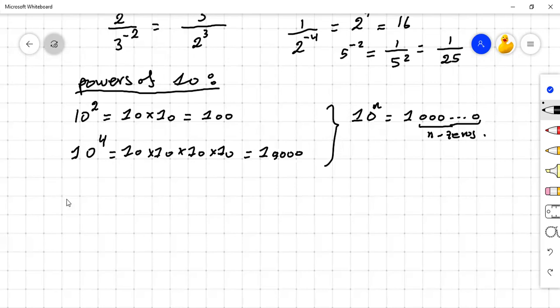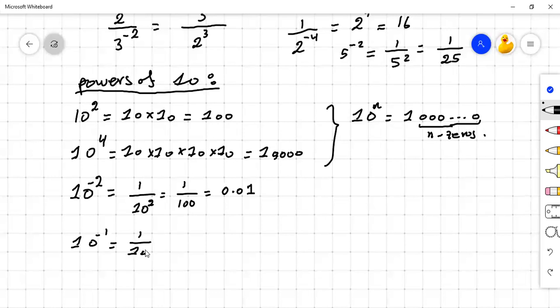What if we have a negative exponent, like if we have 10 power minus 2, for example? It's equal to 1 over 10 exponent 2, which is equal to 1 over 100, and it's equal to 0.01. 10 exponent minus 1, for example, is equal to 1 over 10, which is equal to 0.1.